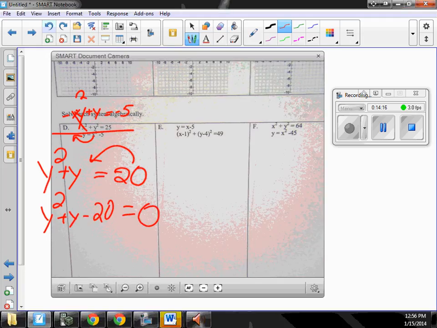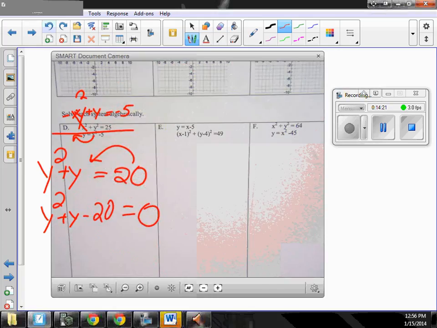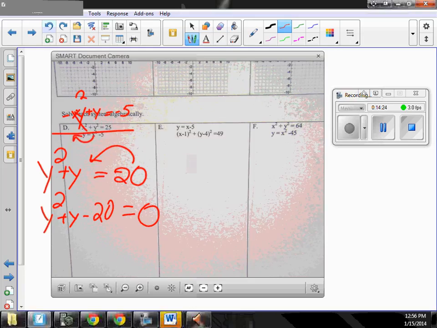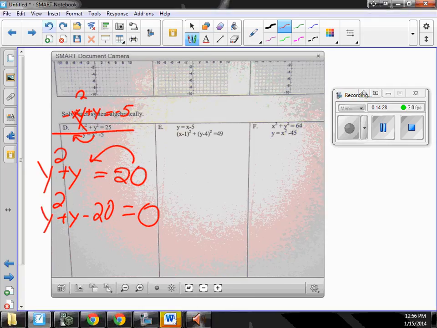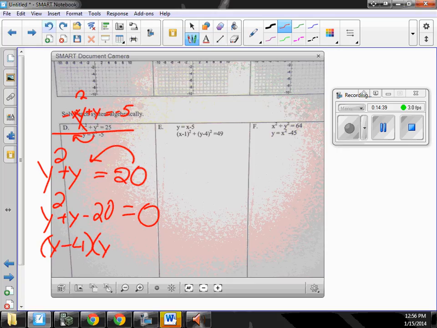Whenever you're looking at a quadratic equation, you just find the roots. Hopefully it factors. Does this one factor? Are there factors of negative 20 that add to be 1? Yes. 5 and negative 4. So y minus 4 and y plus 5.